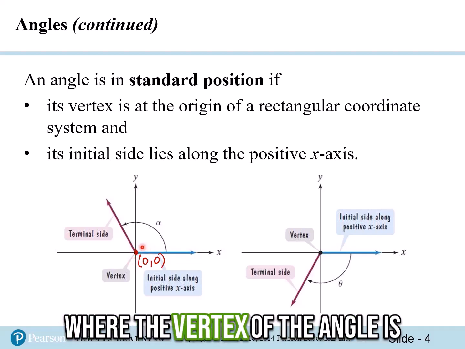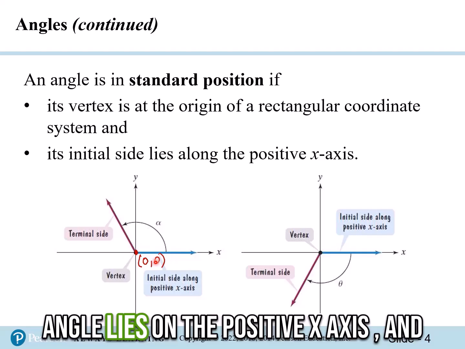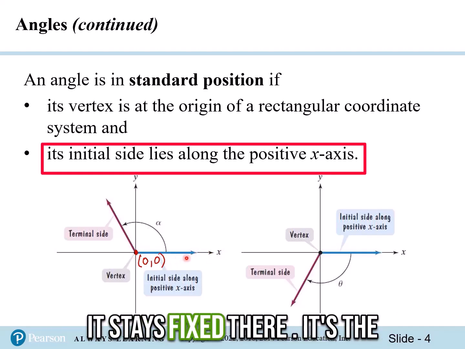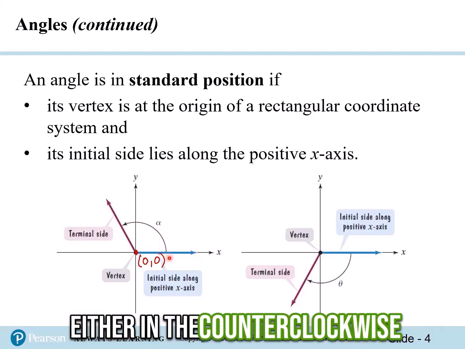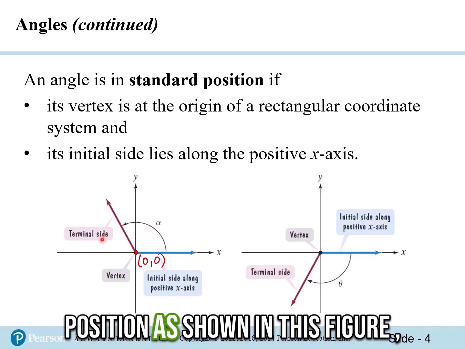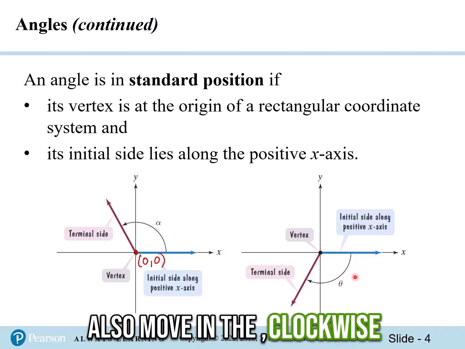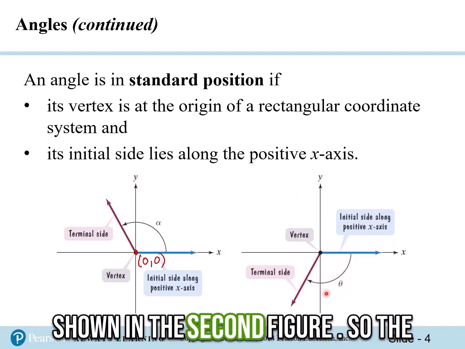That's where the vertex of the angle is located, and the initial side of the angle lies on the positive x-axis, and it stays fixed there. It's the terminal side that moves about, either in the counterclockwise direction as shown in the first figure, or it can also move in the clockwise direction to form an angle as shown in the second figure.